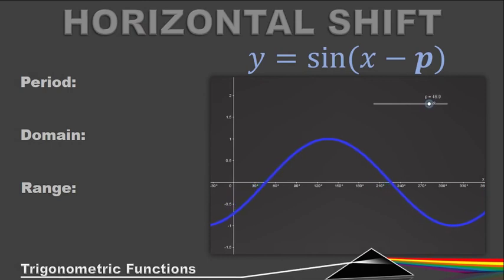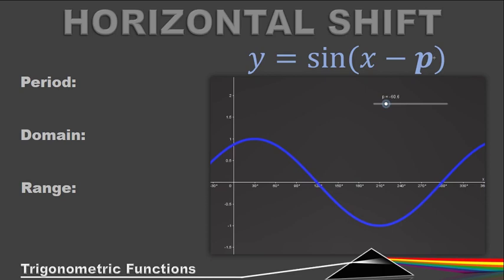And now we have a horizontal shift. So look at this p-value, it shifts the graph left and right. If this p-value is positive, it will give our equation x minus a value. So in actual fact, if we look at the equation and we see x minus p, it's actually moved to the right.